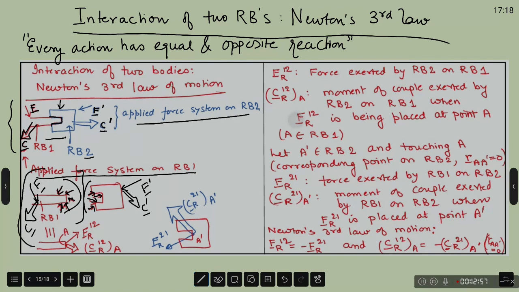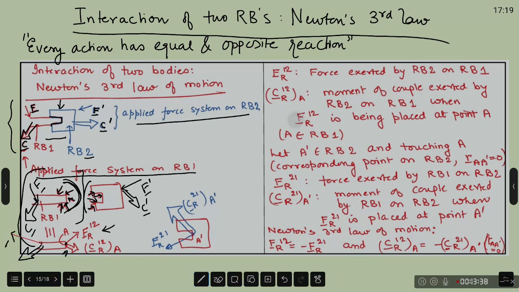I am going to replace this distributed force system by a single force Fr12 and a single torque Cr12 at A. So this force I am putting at A. And of course the applied force is still acting on this body. I have not shown it here, but I don't mean to say it is not existing. My focus of attention is what is happening at the interface of the two RBs.